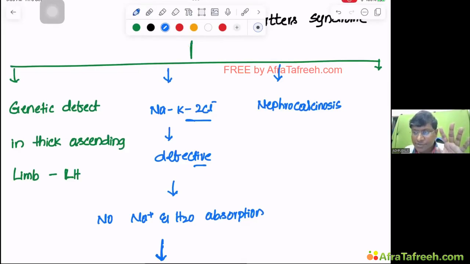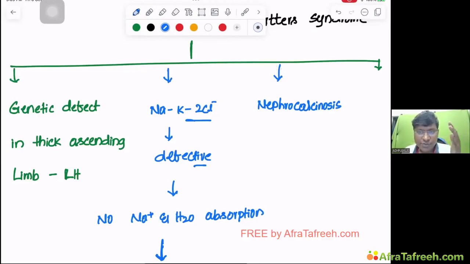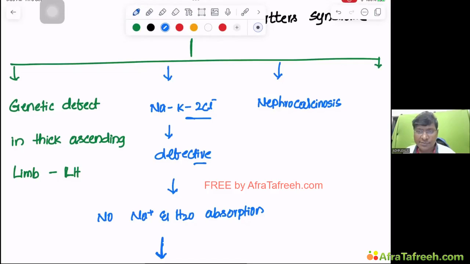Why? Because the sodium and water is getting absorbed, potassium is getting out, H+ is going out. So there is defective sodium chloride transport. And this defective sodium chloride transport will impair the electrochemical gradient.